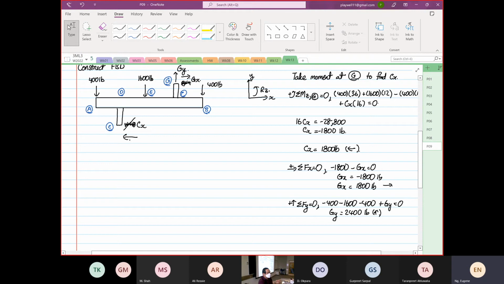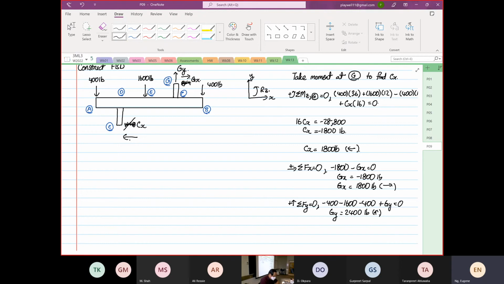It does not mean negative is towards the left. So that's why when this is minus 1800, my assumption of pointing towards the left is wrong. So I have to flip the direction, based on your assumption. Okay, thanks. So now we have everything.